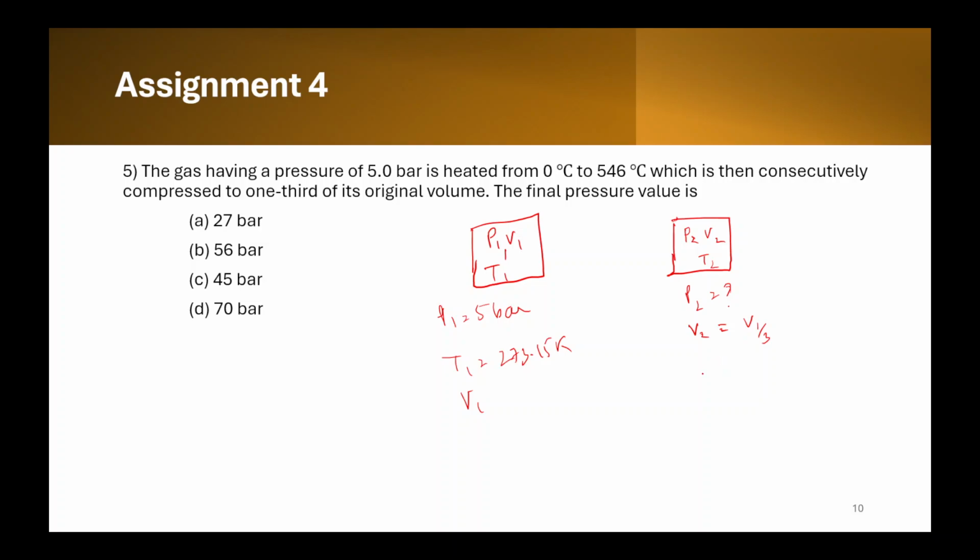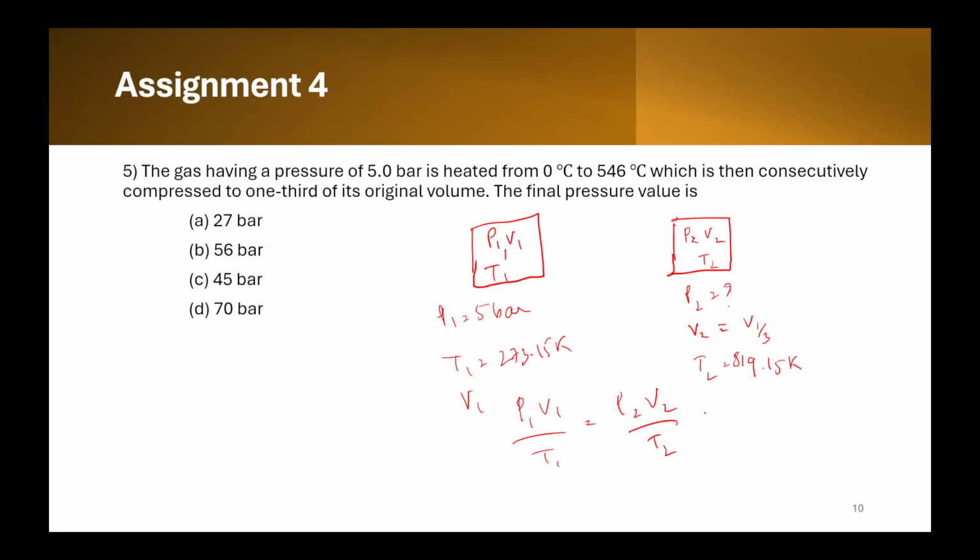And we know the final temperature T2 is 546 degrees Celsius, so we add 273.15, so 819.15 Kelvin. All right, so we can equate these two states. P1 V1 by T1 is equal to P2 V2 by T2.